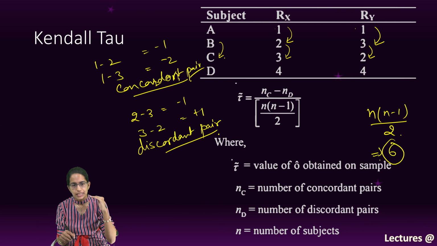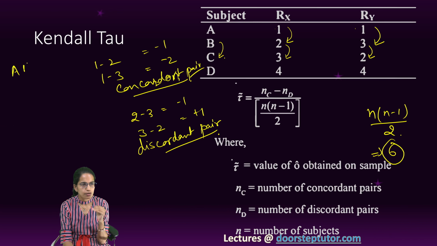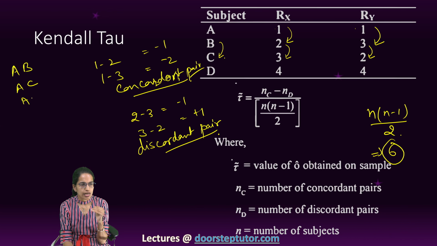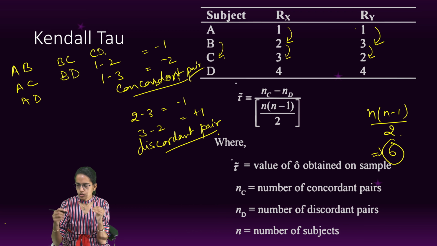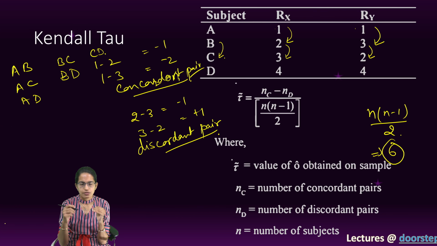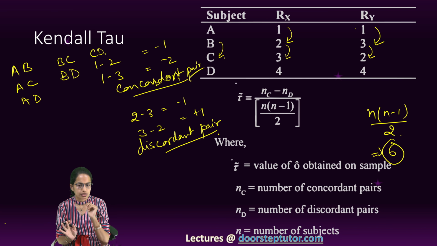I have A, B, C and D. So my pairs would be AB, AC, AD, BC, BD, and with C it would be only CD. Those are the possible pairs.